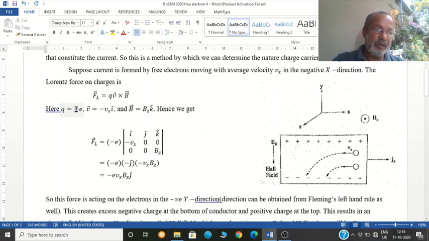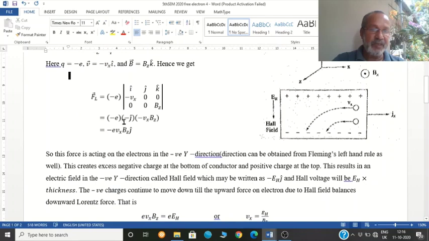So you have to put here positive charge and a positive velocity here. Then there are two positive signs, so this is positive, and this is also positive. So there will be a negative sign here.